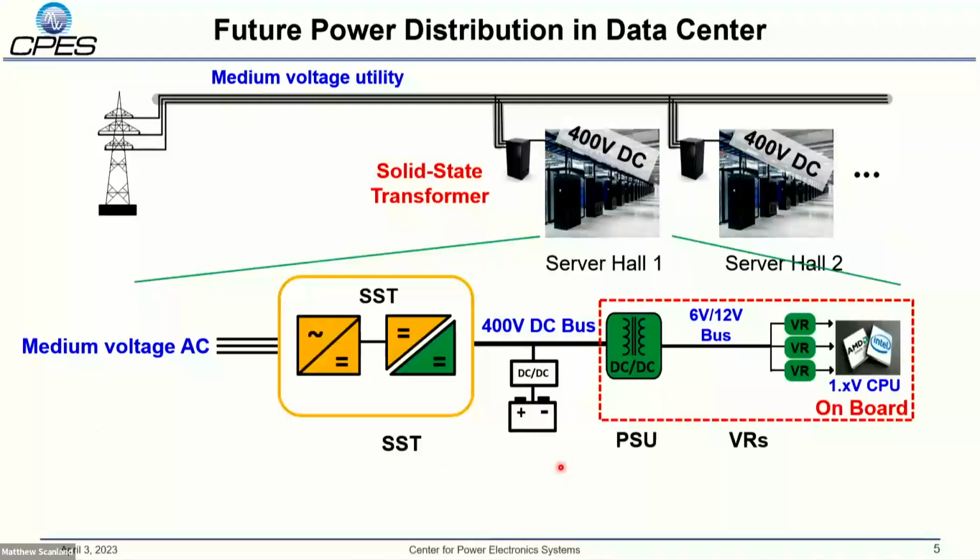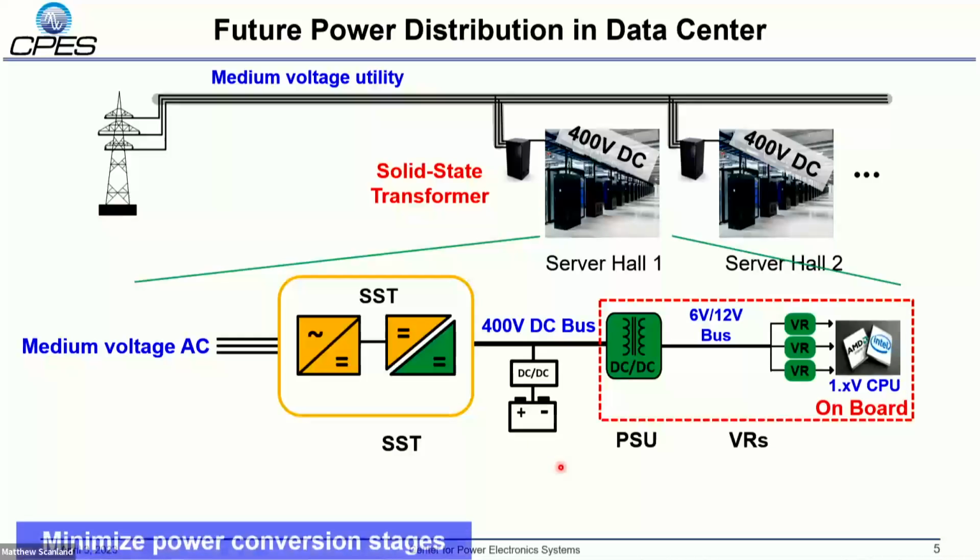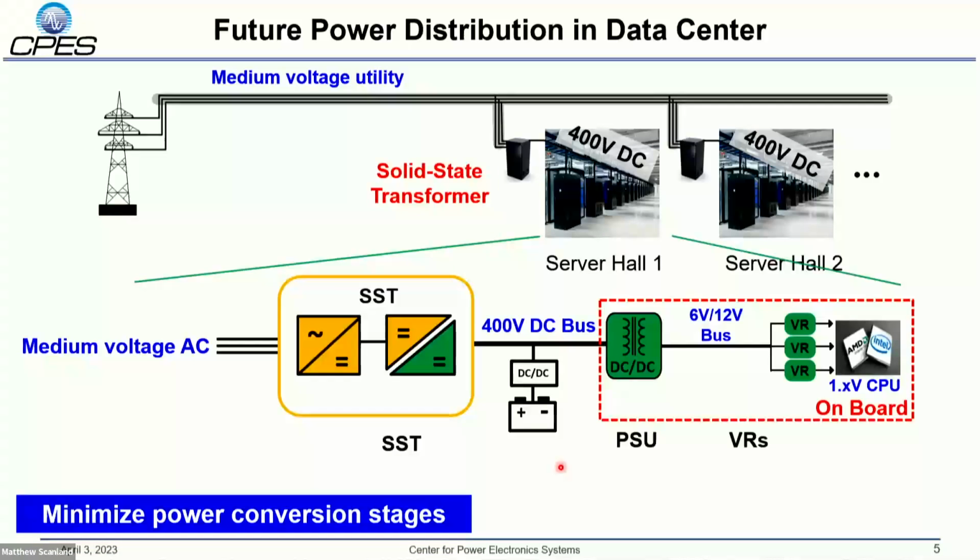However, if we consider the future power distribution system in the data center, we can have a scalable system with a DC bus, such as 400 volts DC. With the help of the solid-state transformer, we step down the medium voltage AC through the solid-state transformer to this 400 volts bus.